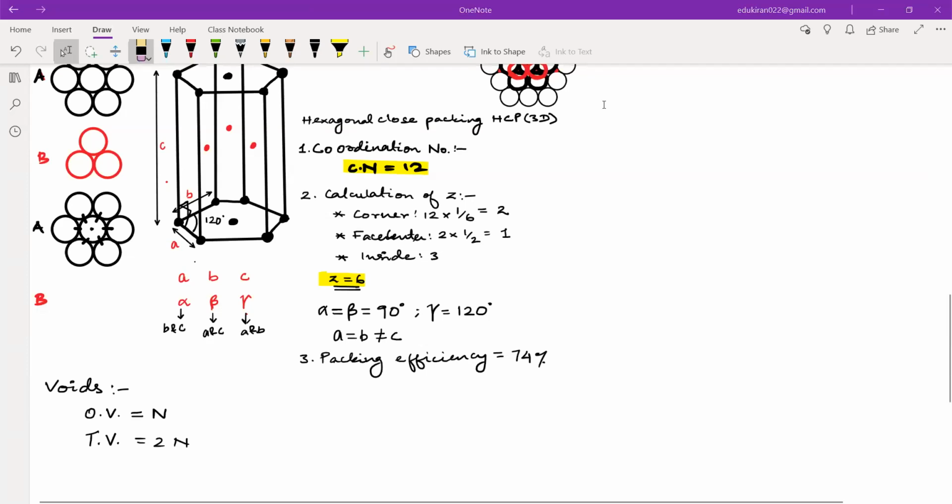Raise your hand if you have to give JEE exam. Raise your hand if you have to give JEE exam. No one. Krishna. Okay. Now, Krishna, you lower your hand. Others, you raise your hand if you have to give NEET.